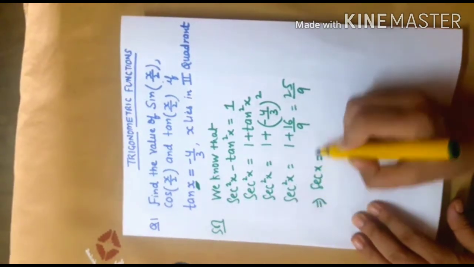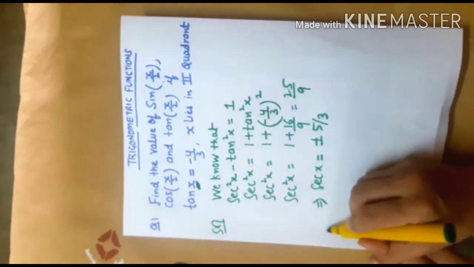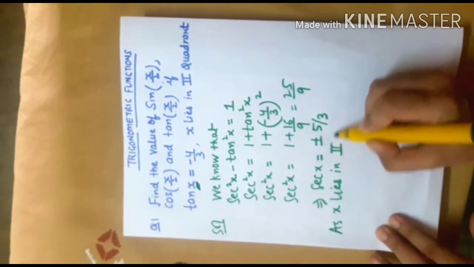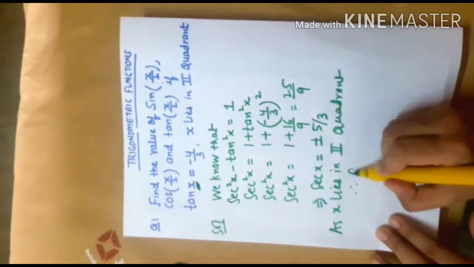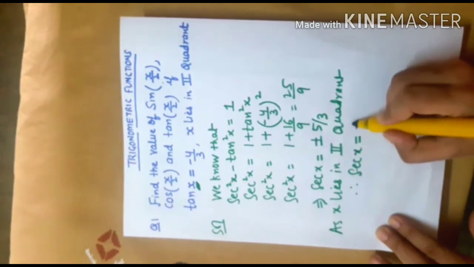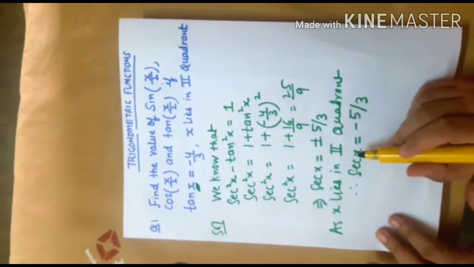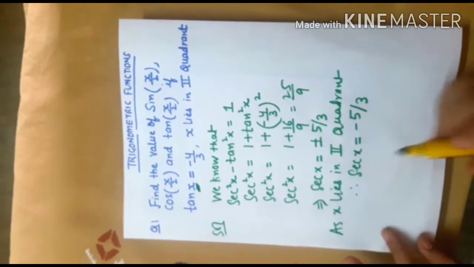So secant x will be plus minus 5 by 3. Now, as x lies in the second quadrant, therefore secant x will be negative 5 by 3, because in the second quadrant only sine and cosecant functions are positive, rest are all negative.